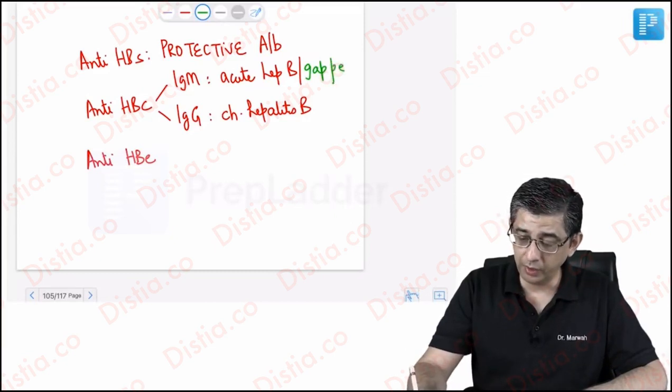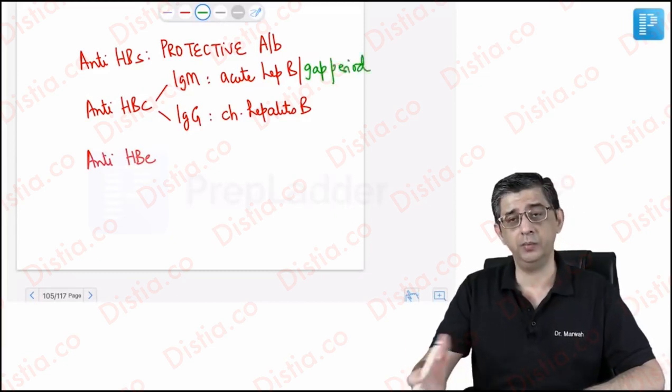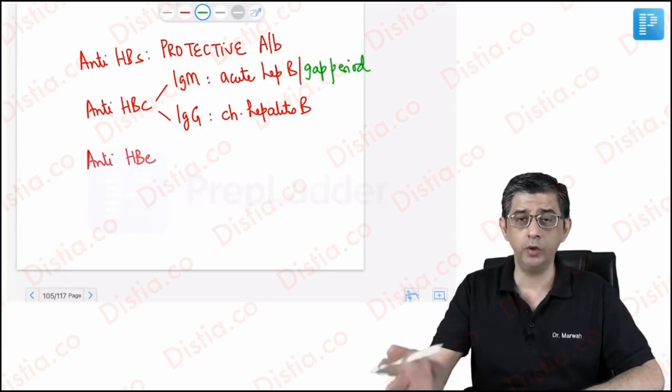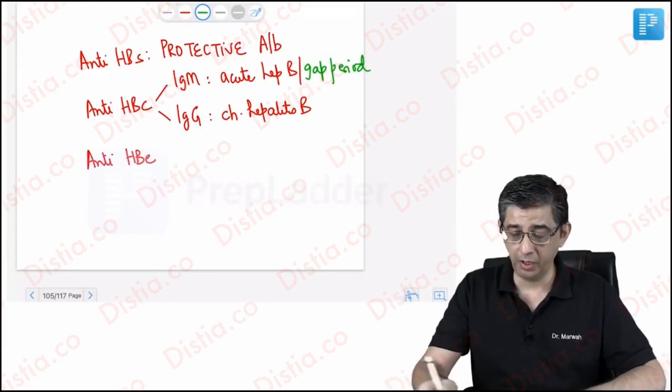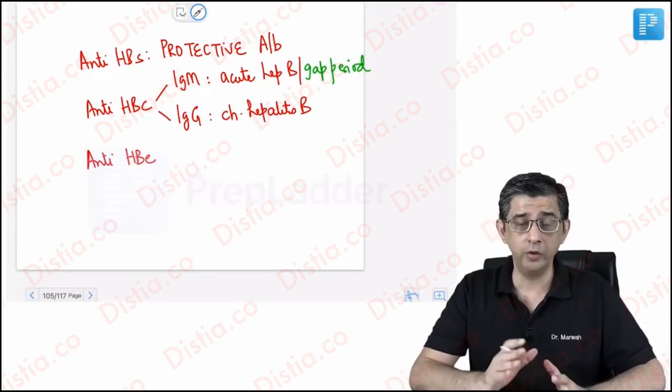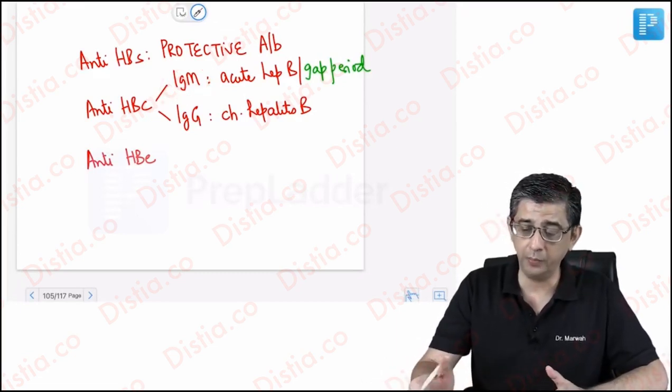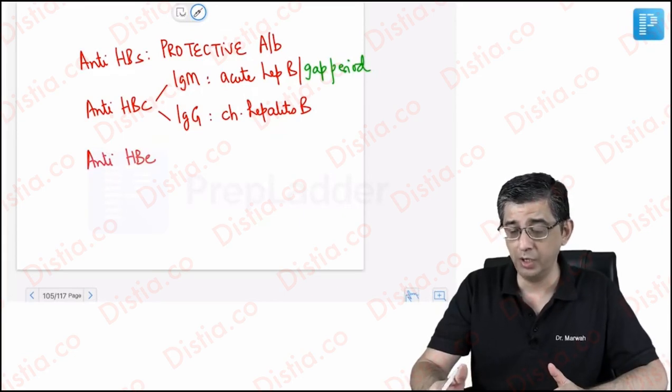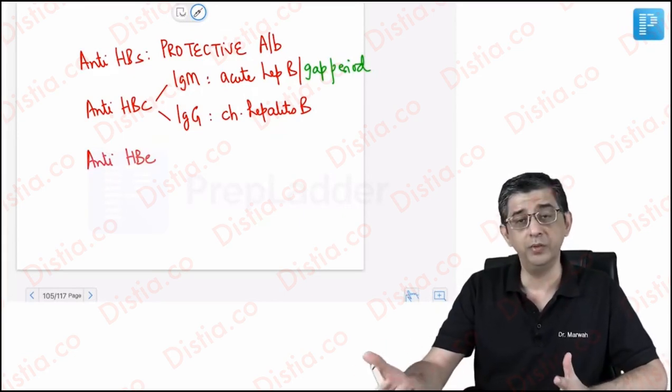What is the difference between gap period versus acute hepatitis B will become clear, and how would you in an MCQ know what to answer? I mean, IgM class of antibody I said can be present in both situations. So how would you decide in the MCQ whether you should answer gap period, whether you should answer acute hepatitis B will become clear in about a few minutes from now.